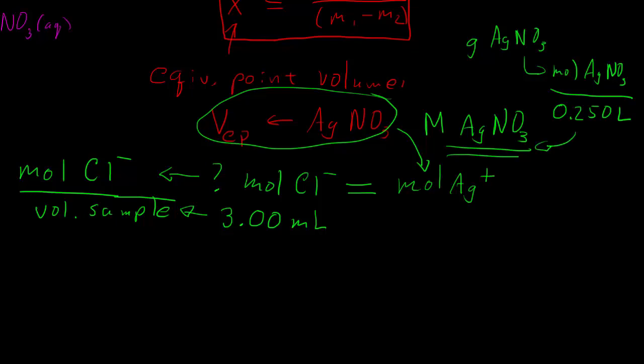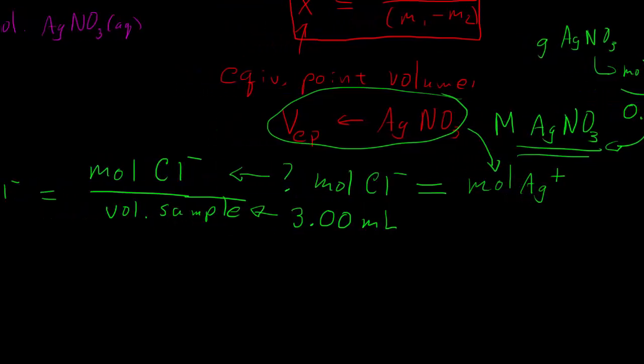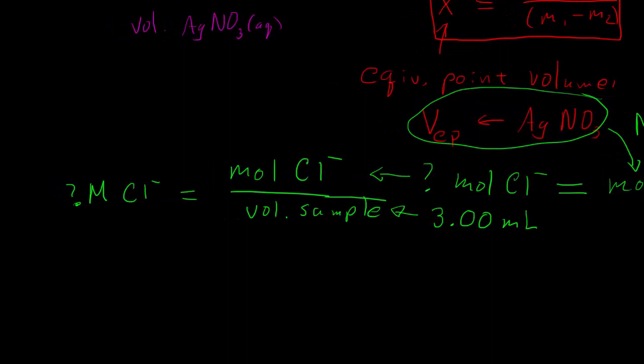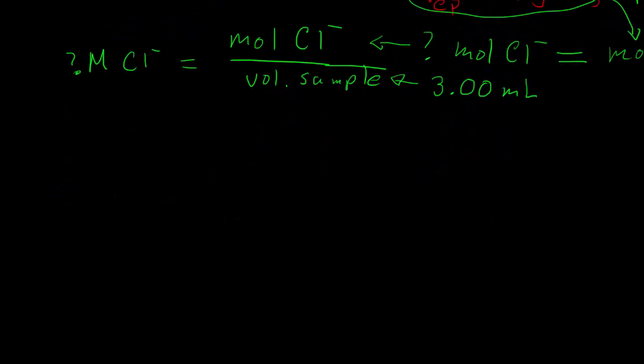And so I can use that information to figure out how many moles of silver I had. Let me show you that calculation. We'll walk through it. We're going to take our equivalence point volume for our silver nitrate, in units of milliliters. This is the number that you measure by solving for that X that we were just talking about.